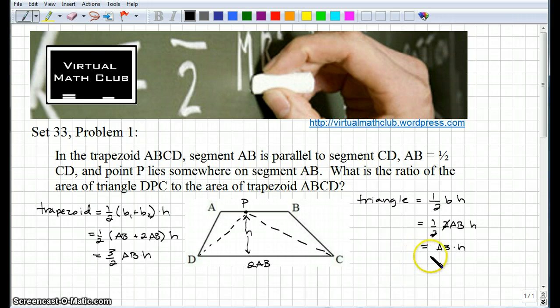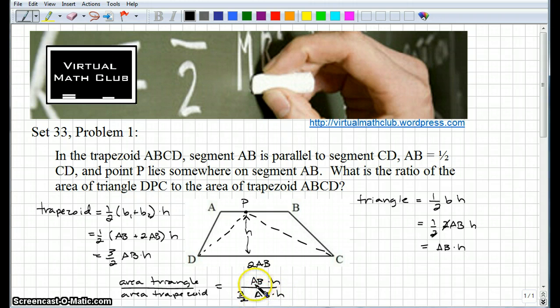Alright, so now we have both the trapezoid and the triangle. We have their areas in terms of AB and h. So the question asks, what's the ratio of the area of the triangle to the area of the trapezoid? Well, now we've got it. It's pretty easy. So the area of the triangle to the area of the trapezoid is equal to AB times h for the triangle, and 3/2 AB times h.